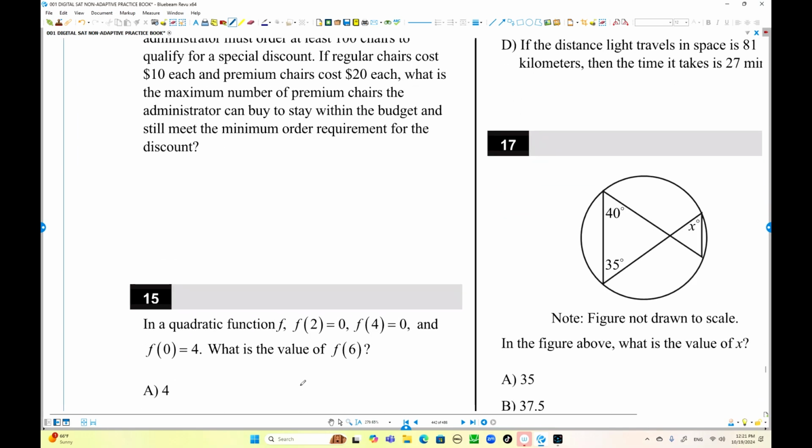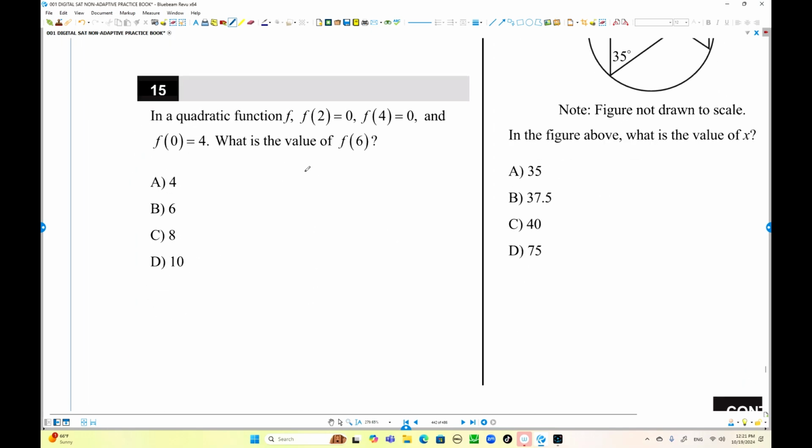Here is number 15. In the quadratic, f of 2 equals 0, f of 4 equals 0, and f of 0 equals 4. So when you graph it, f of 2 equals 0 and f of 4 equals 0, so the graph is going to pass through these 2 points. F of 0 is 4, which is positive, but the graph looks like this, right?